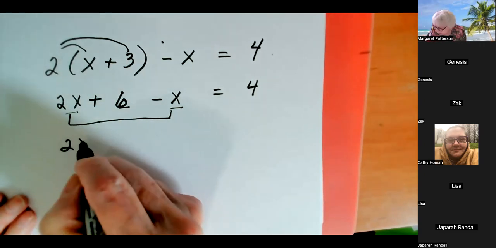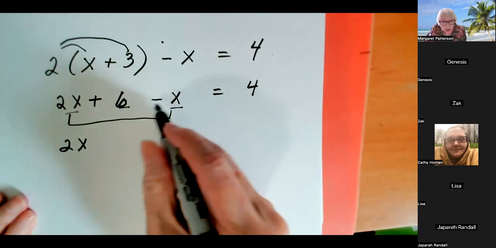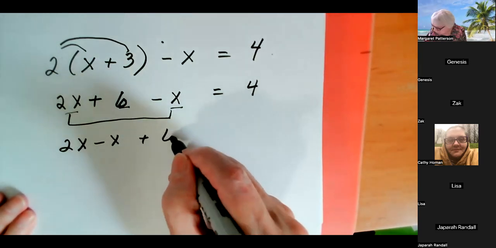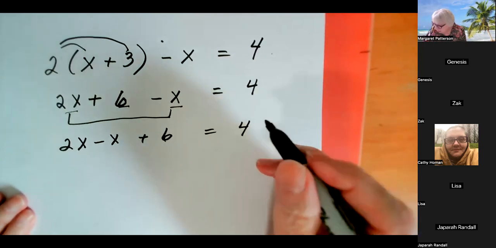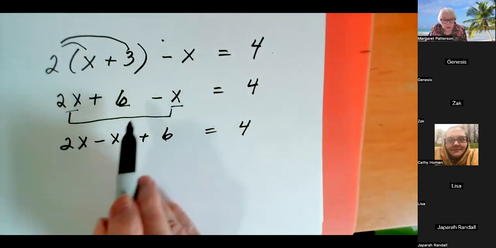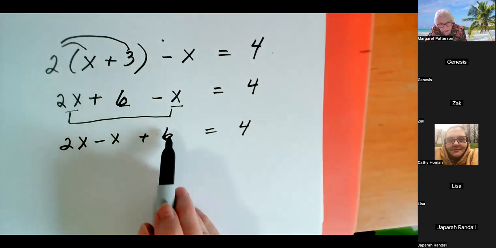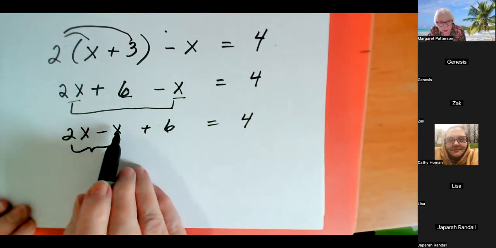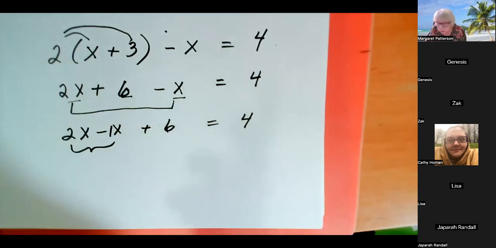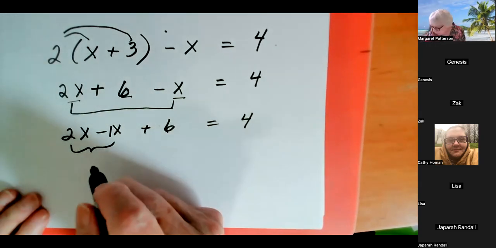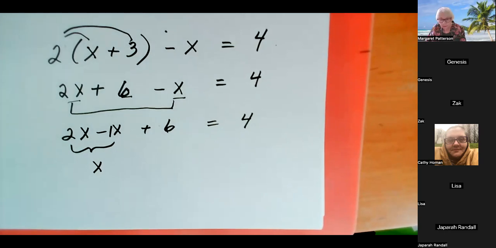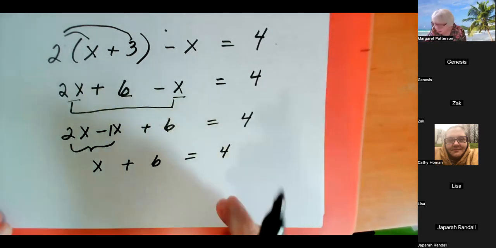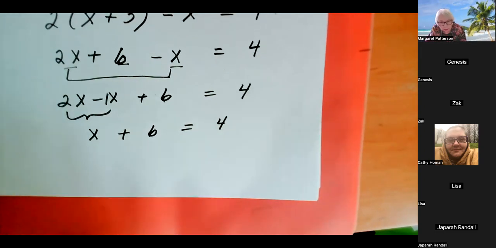If you wrote it out, it would be 2x, the sign would come with this part of it, and then plus 6 equals 4. So if you brought this second and this third, then these two would go together, and 2x take away an x, which we all know is 1x, is just 1x. And then 1x and 6 is 4. Now what? One more step and life is good.